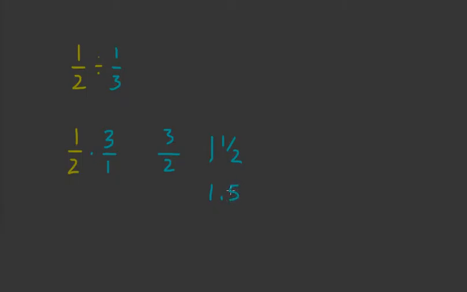So that's how you divide fractions. You flip over the fraction that you're dividing by, switching the numerator with the denominator, so you just reverse it, and then you multiply.